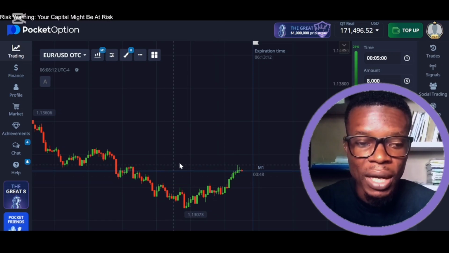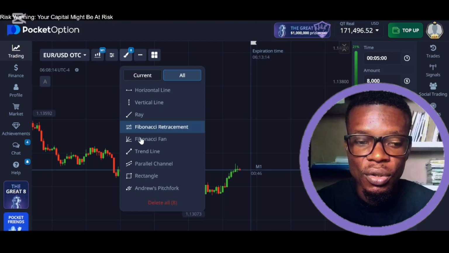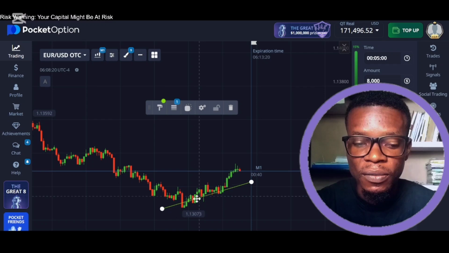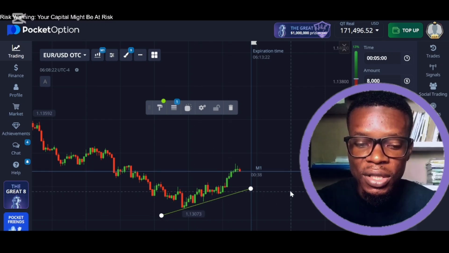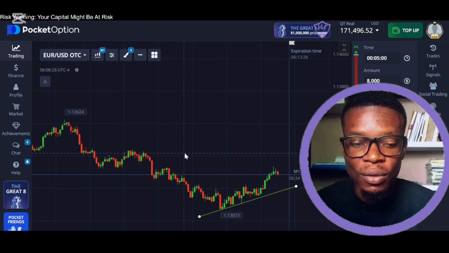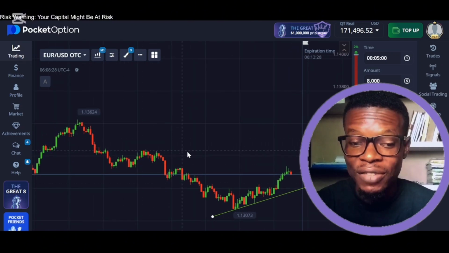The next thing we want to do is to draw a trend line on the support level, and we want to see how price reacts to this level in the future, because as you already know, this is an overall downtrend as far as I'm concerned.